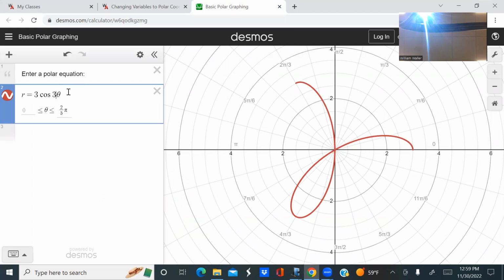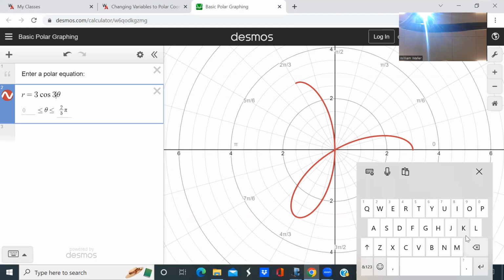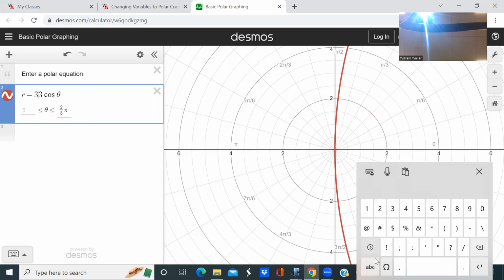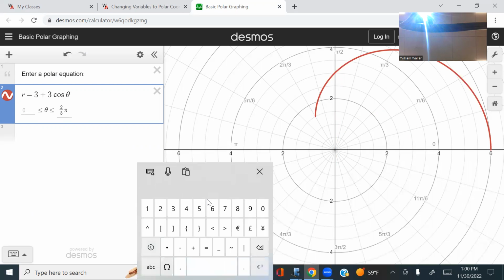So that was just theta, and 3 plus 3 cosine theta. That gives us a little bit of the cardioid, but I don't have the proper bound.